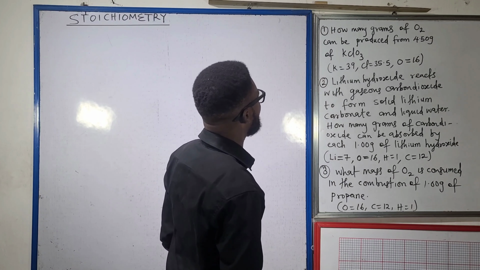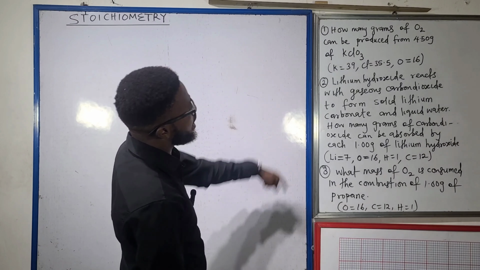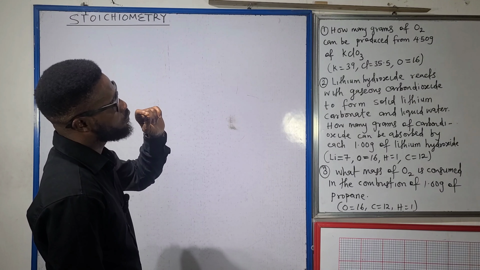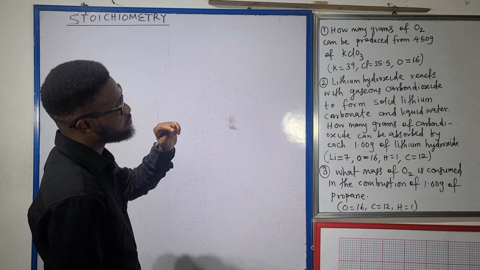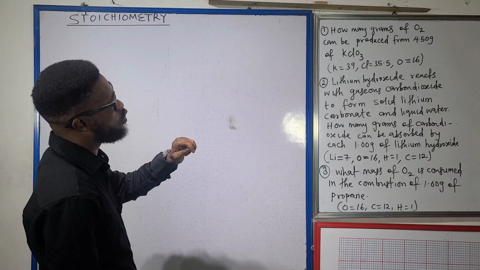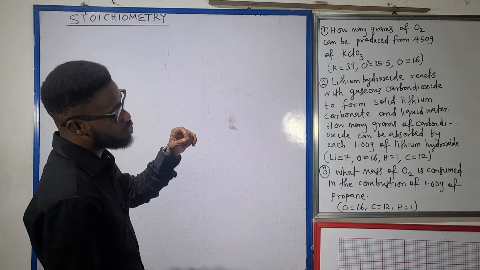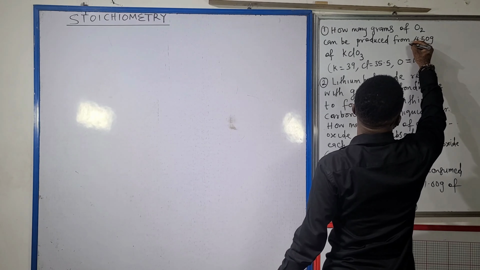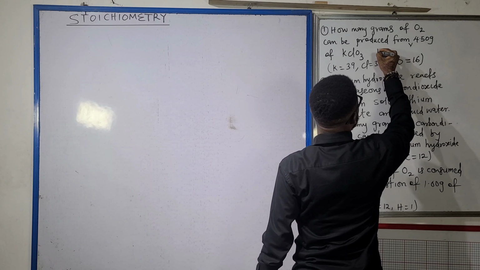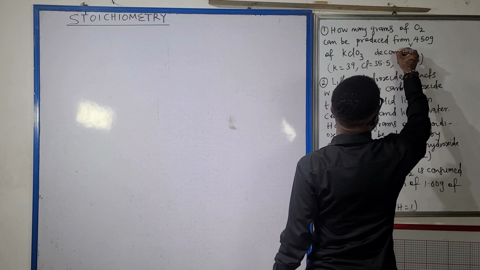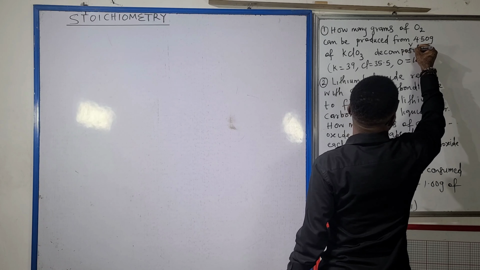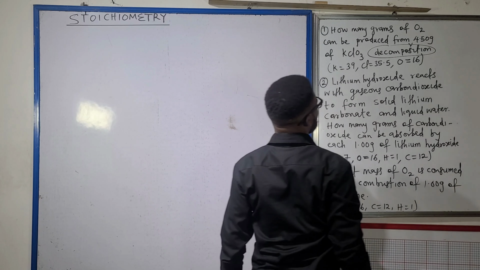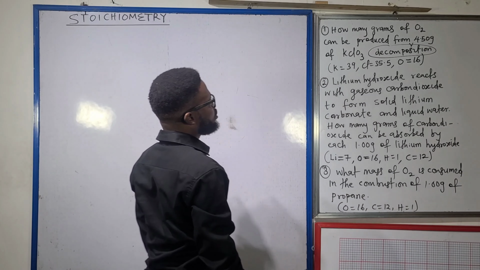Okay, the first question we have states, how many grams of oxygen can be produced from 4.50 gram of potassium trioxochlorate(V)? I think that means from decomposition of potassium trioxochlorate(V).